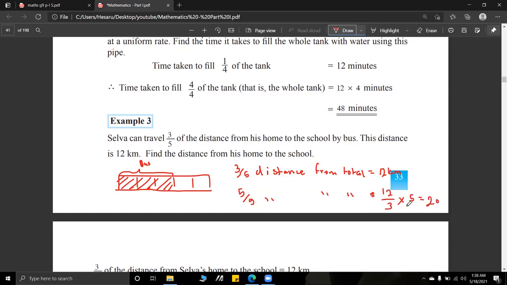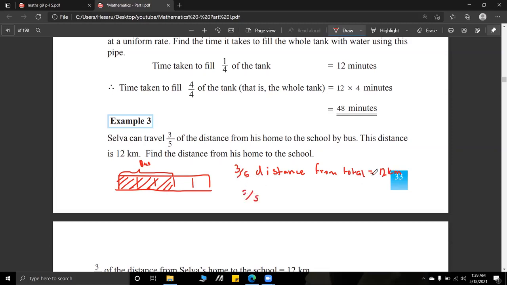If you are not clear with this, let me explain it further. I'll erase this one. If you can understand, you can skip, otherwise I'll explain. So 3 over 5 of the total distance is 12 kilometers. Now what we need is 5 over 5 of the total. In order to do that, we need to make this 3 over 5 a 5 over 5.